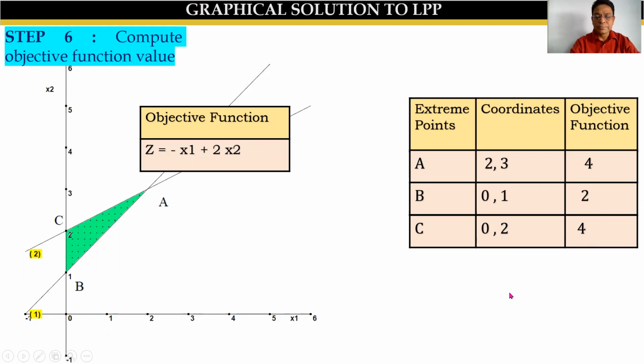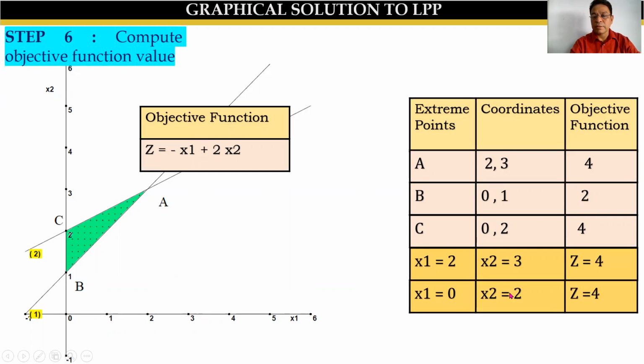So if you see here, at x1 is equal to 2, x2 is equal to 3, we are getting Z is equal to 4. At x1 is equal to 0, x2 is equal to 2, we are getting Z is equal to 4. So in both the cases we are getting Z is equal to 4. So this A and C are giving us the optimal solution.